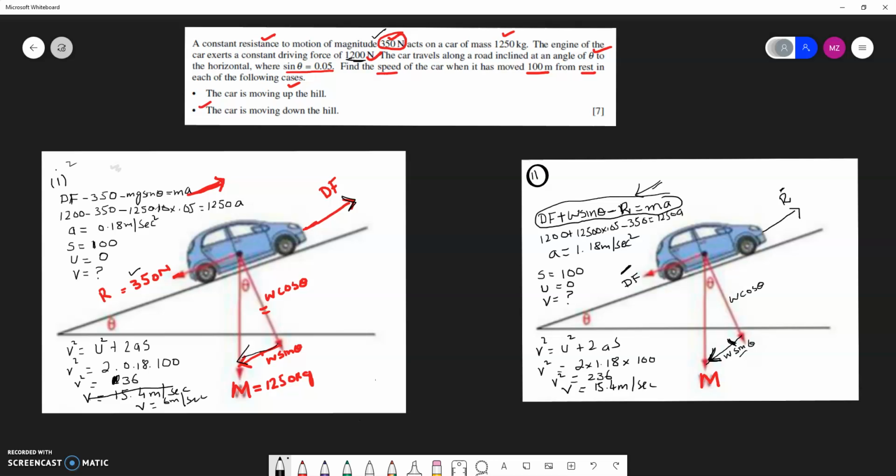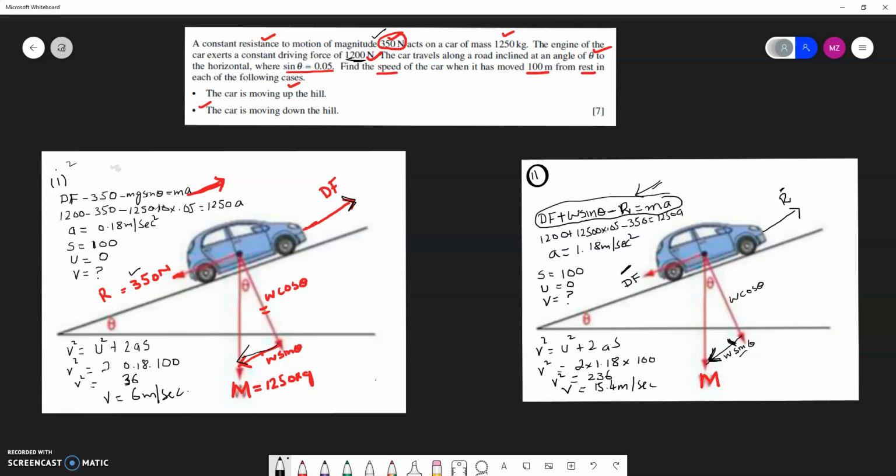So here I should erase this stuff. So it is 36, and V is equal to 6 meter per second.